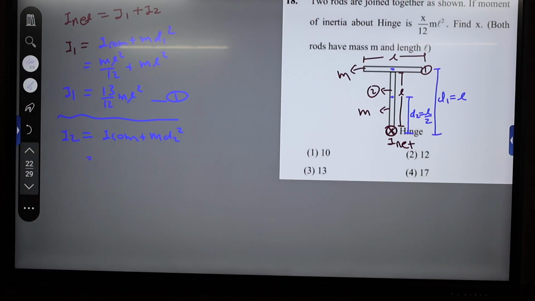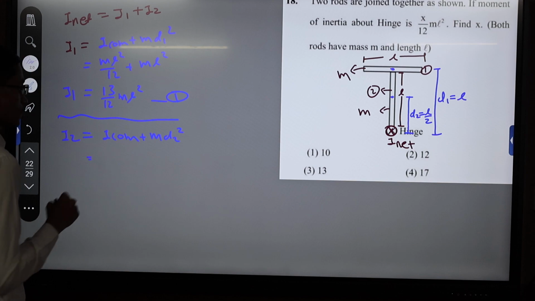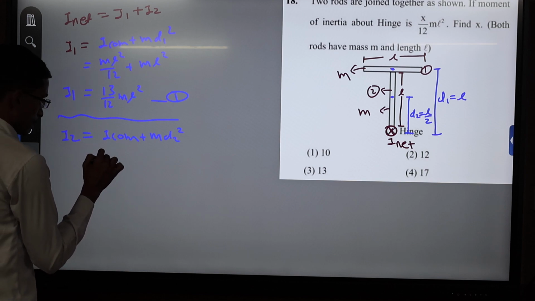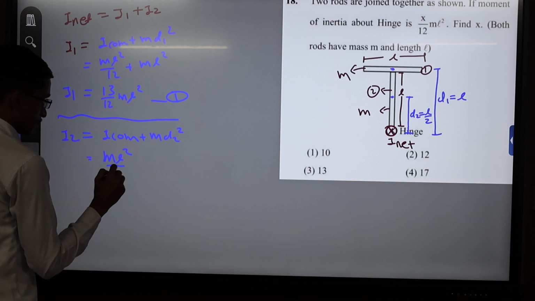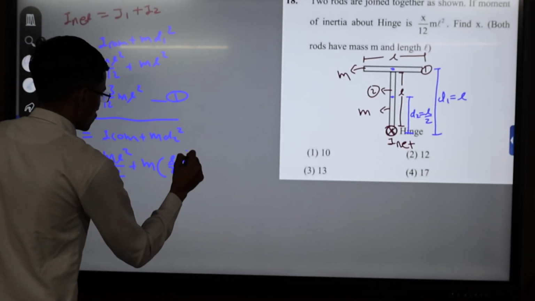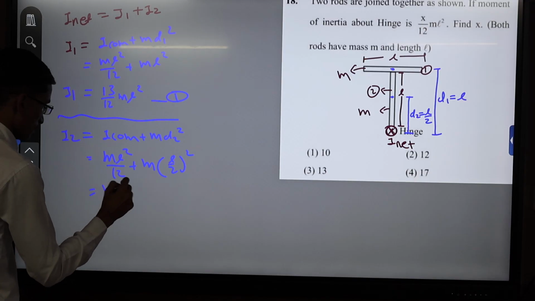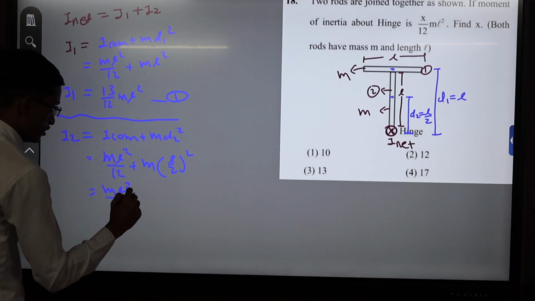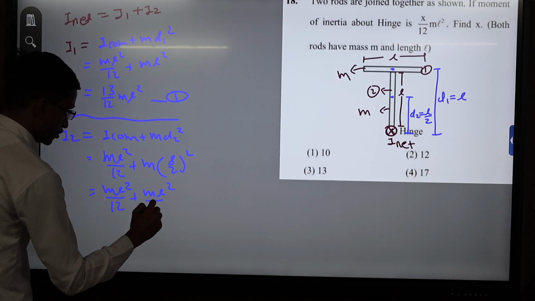ICOM is the moment of inertia of the rod about its center of mass, which is ML square by 12. M D2 square is M times L by 2 whole square. So ML square by 12 plus ML square by 4.